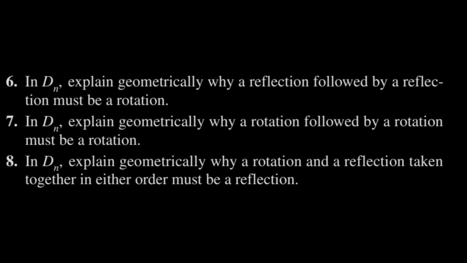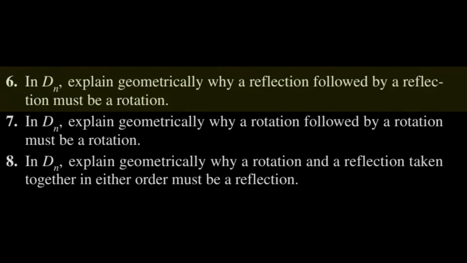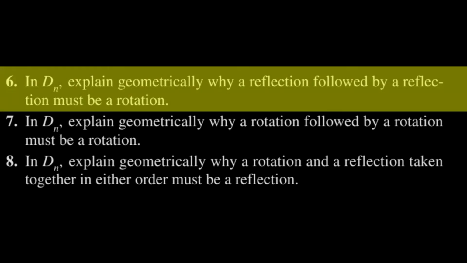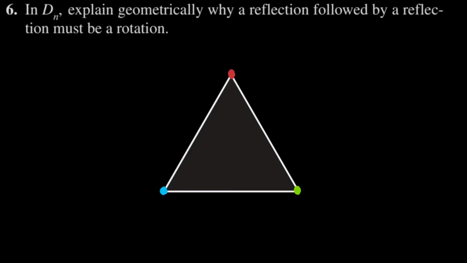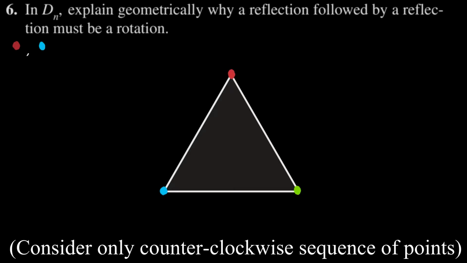Okay, so now we have a set of really similar questions, which I'm just going to answer all at once. The first one is, explain geometrically why a reflection followed by a reflection must be a rotation. So let's go back to my triangle animations, and let's consider the red, blue, and then green points to be sort of a positive sequence of points.